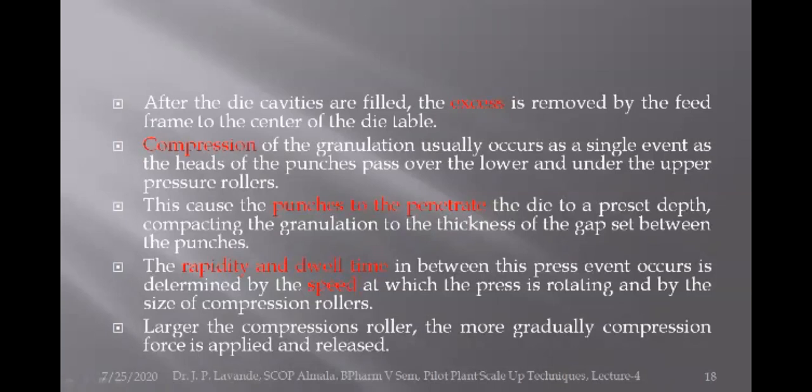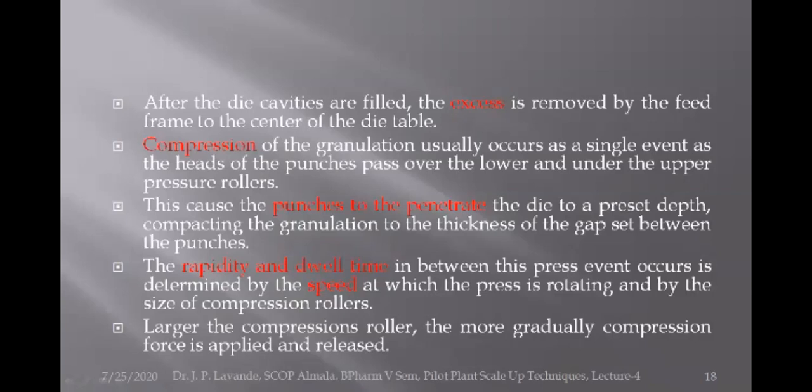Compression of granulation usually occurs as a single event as the heads of the punches pass over the lower and upper punch under the pressure rollers. Between the two rollers, the upper and lower punch are responsible for compressing the granules to produce the tablet. This causes the punches to penetrate the die to a preset depth.